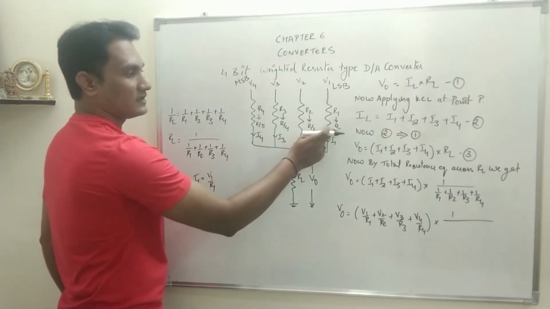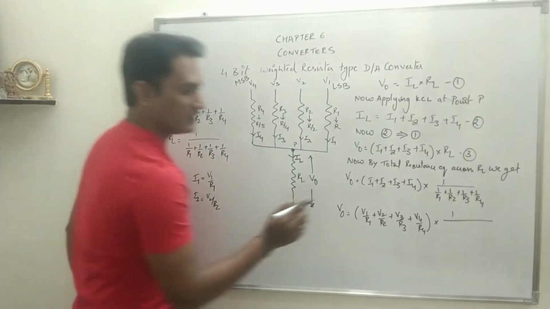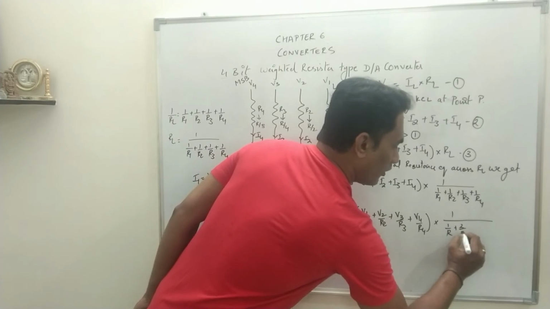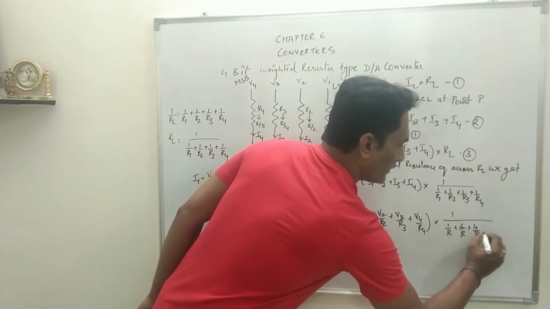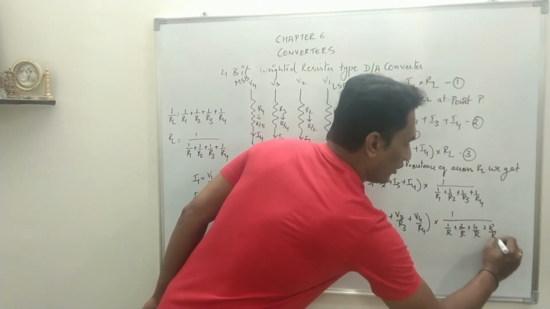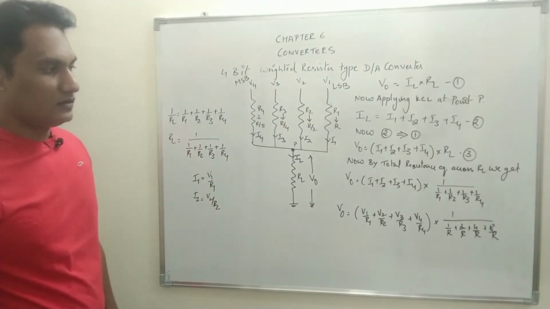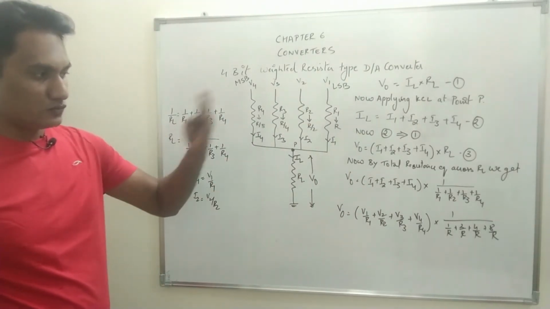what is the value of R1, R2, R3, R4? Weighted resistors R, R by 2, R by 4, R by 8. So let's substitute that value: 1 upon R plus 2 upon R plus 4 upon R plus 8 upon R. Of course, 1 upon R1 is 1 upon R, 1 upon R2 is 2 upon R, so 2 will go up.